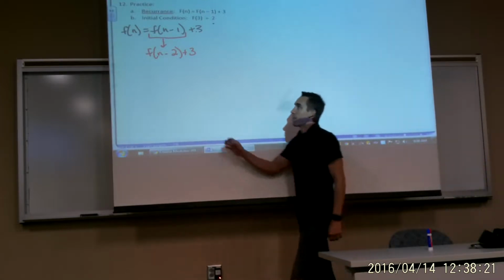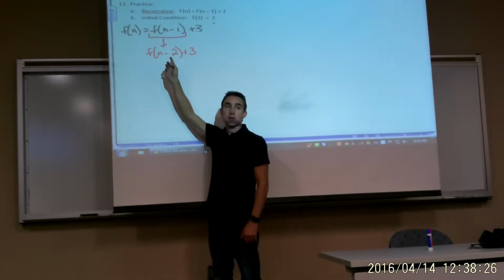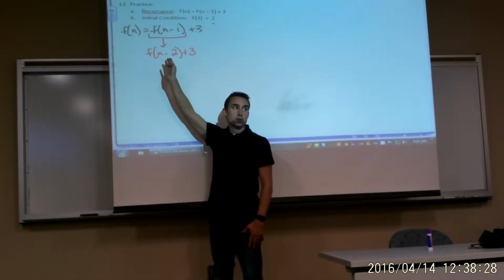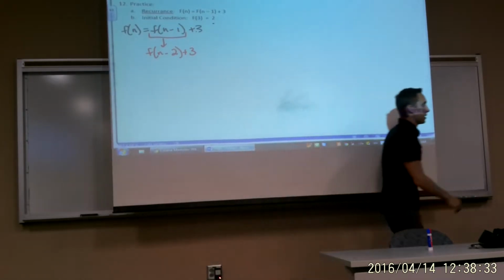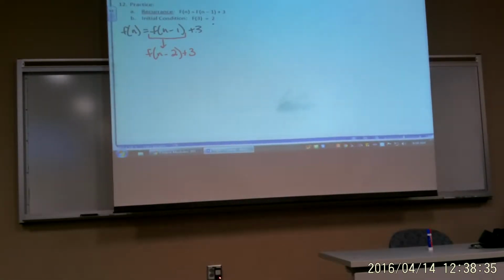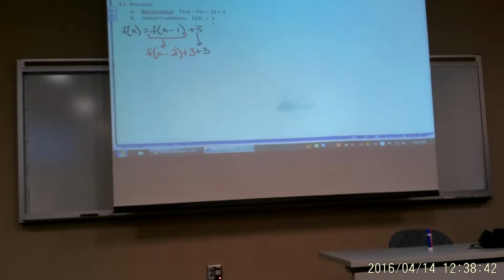So if we are figuring out how many basic operations we perform at n minus 2, that has to be the same number as n minus 1, and then we have to add on 3 to compensate. Now, this original plus 3 that existed up here comes down as well. So we get plus 3. We'll simplify this to be f of n minus 2 plus 6.